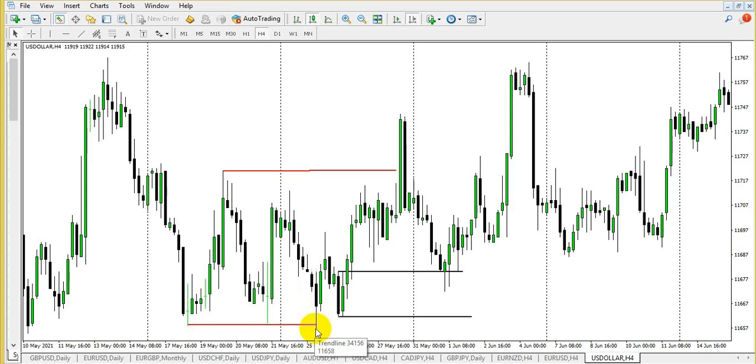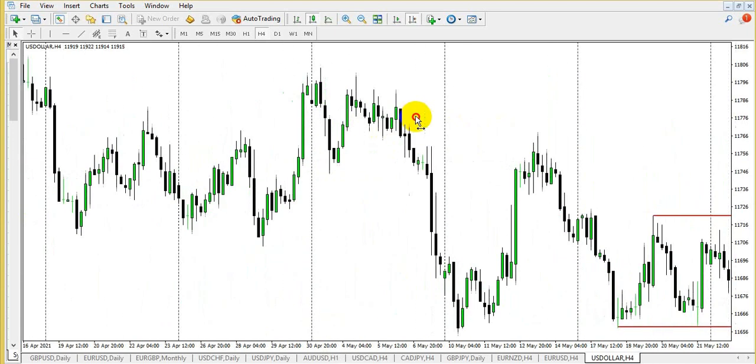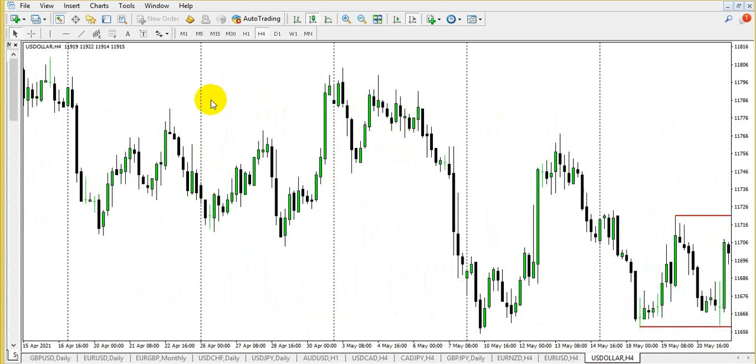Now there's something I want to tell you about liquidity grab. For a liquidity grab, I want to see price taking out relative equal highs or relative equal lows with either a candlestick or two. But most especially, I prefer a wick.